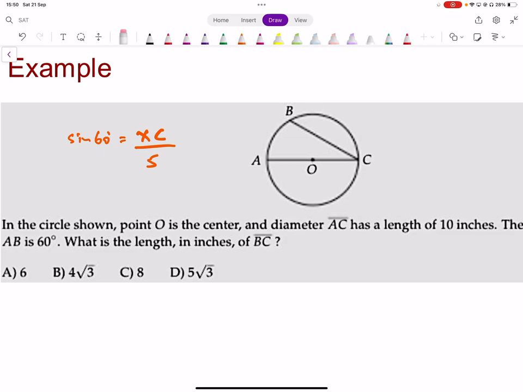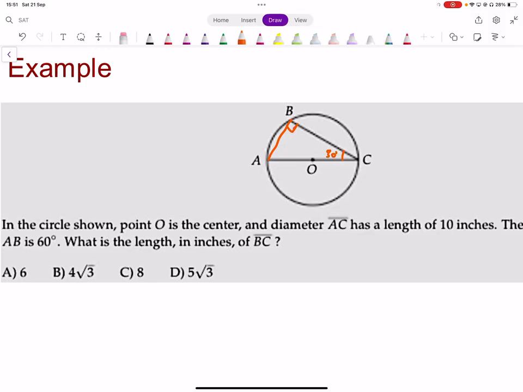Another way to think about this could be, we know that this angle is 60, right? If this is 60, what about this angle? 30. Angle at center is twice the angle at circumference. You make this triangle. This is a right angle triangle as well. Angle made by a diameter, angle in a semicircle.